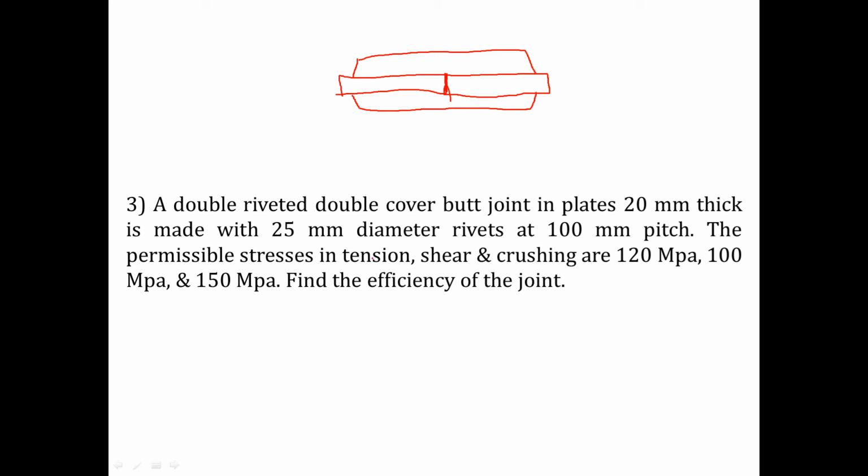That means 2 rows of rivets are used. So if I want to join the first plate with the first and second cover, I have to use 2 rows of rivet. That is the meaning called double riveted. That means this is 1 row of rivet and this is another row of rivet.